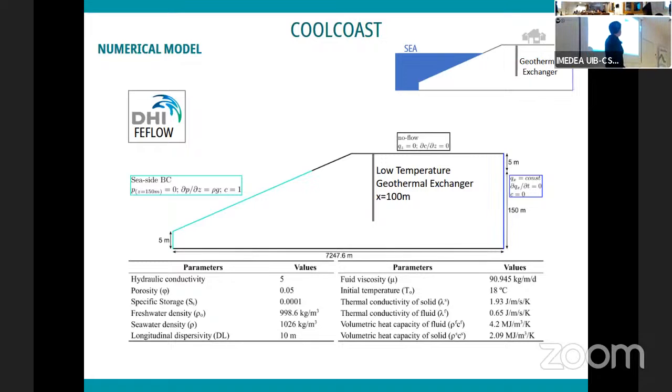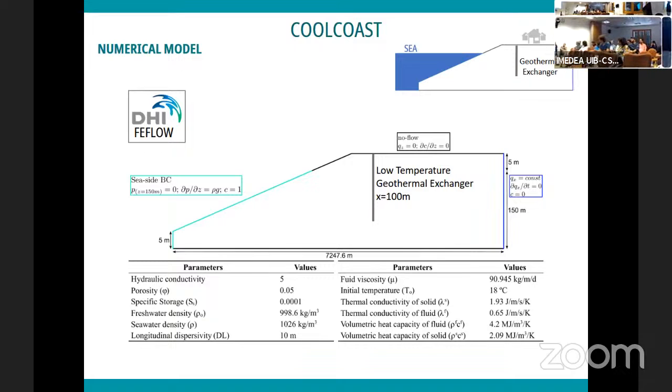You have more velocity in the horizontal than in the vertical, because of the compaction of the geological layers. There are different porosities in different layers.